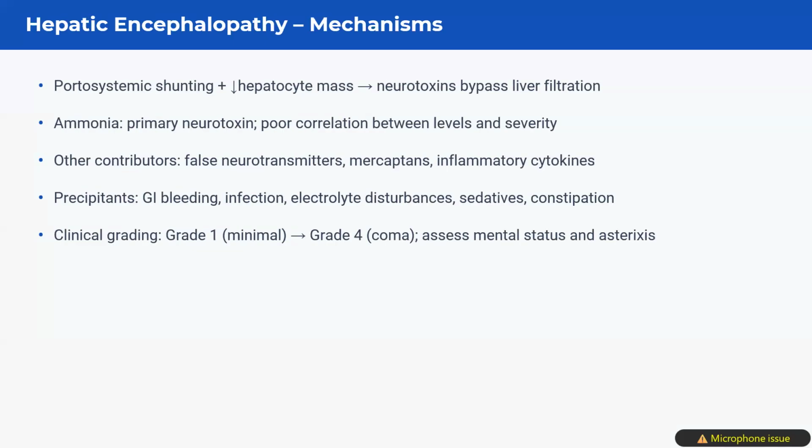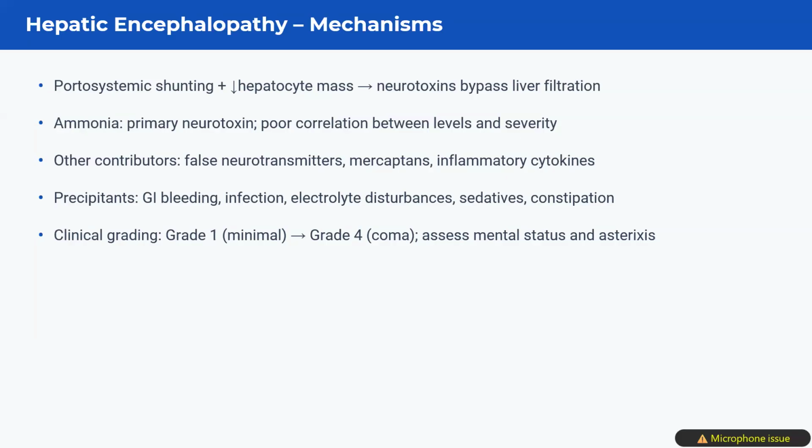Hepatic encephalopathy. So if portal hypertension is the body's plumbing problem, hepatic encephalopathy is like electrical failure in the body due to the liver damage. This is the brain's progressive loss of metabolic insulation as the liver ceases to filter its own waste. And what's happening here is that portosystemic shunting and decreased hepatocyte mass lead to neurotoxins that can bypass the blood-brain barrier.